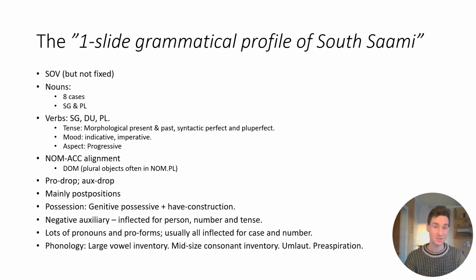South Saami makes frequent use of pro-drop and also auxiliary drop. The auxiliary drop is interesting since, as you will see later in language examples and in the next sessions, it means that sometimes it is difficult to distinguish between the perfect and the pluperfect.